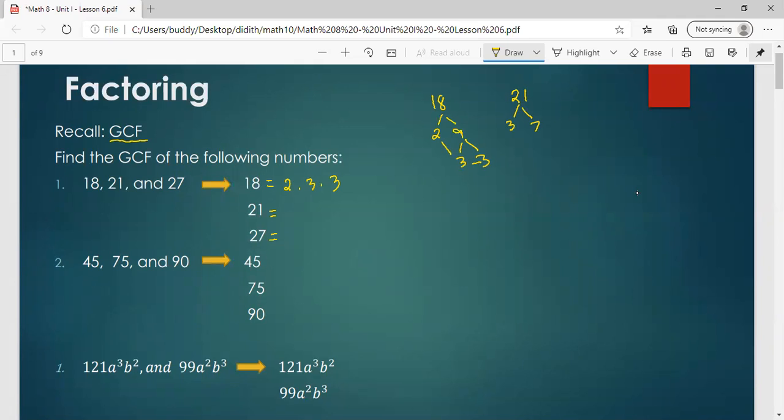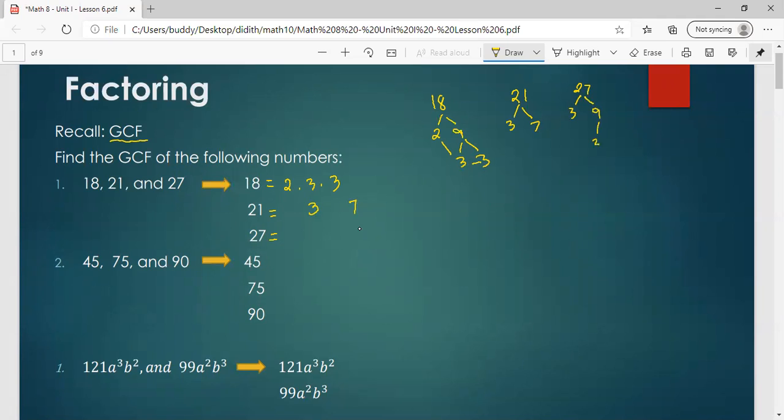So we will place 3 along with this column, since this factor 3 is the same as this factor 3 of 18, and then we'll place 7 here on a different column, but take note that 3 and 7 are placed on the same row. And lastly, for 27, we know that 27 is a perfect cube. When 27 is divided by 3, the result is 9.